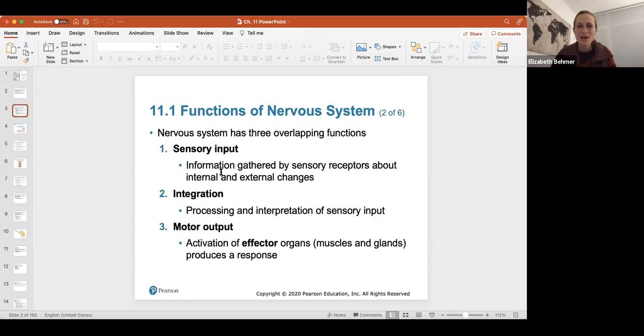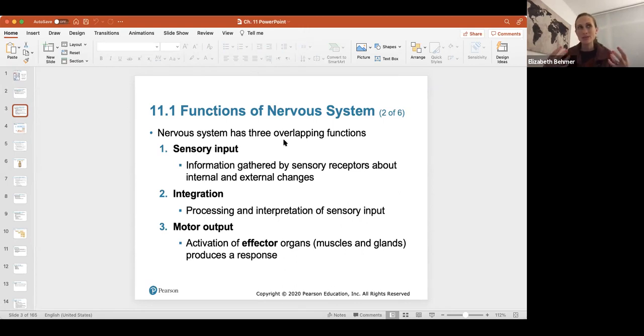Basically, the nervous system has three functions that overlap. Sensory input is all of the information gathered by sensory receptors, either external or internal to the body. Integration is the processing and interpretation of that sensory input.